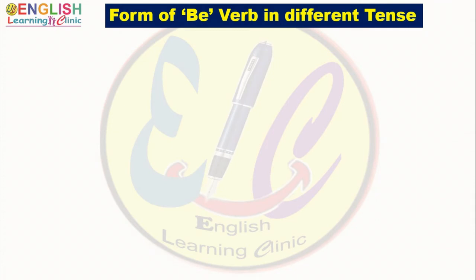In this regard, to make the different form of the be verb in different tenses, just think the be verb as the main verb and prepare the different form of the be verb in different tenses.